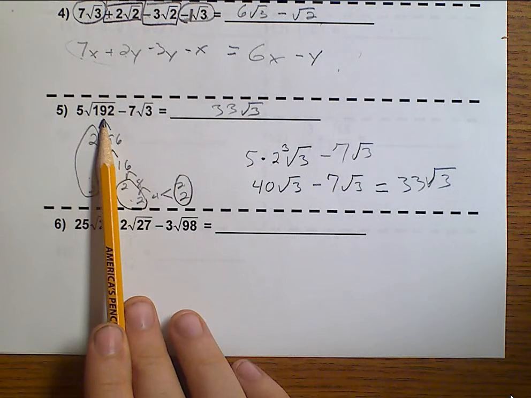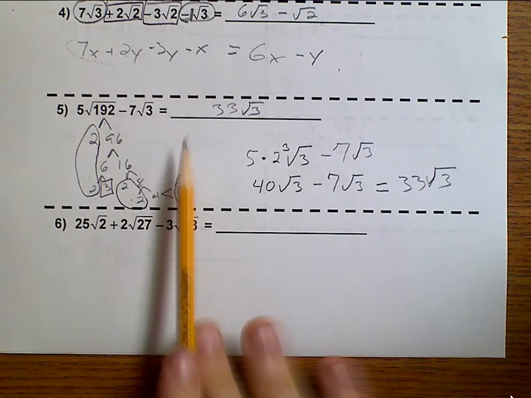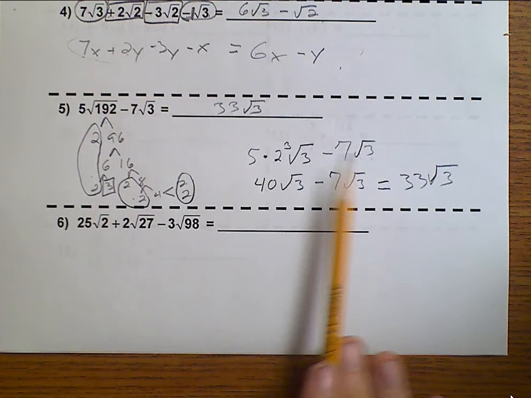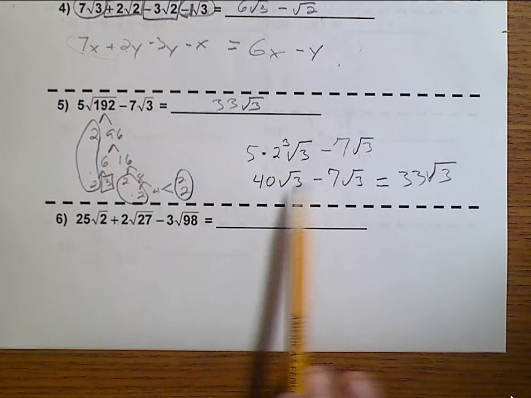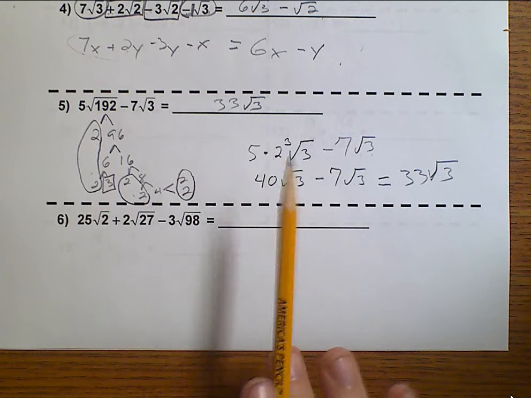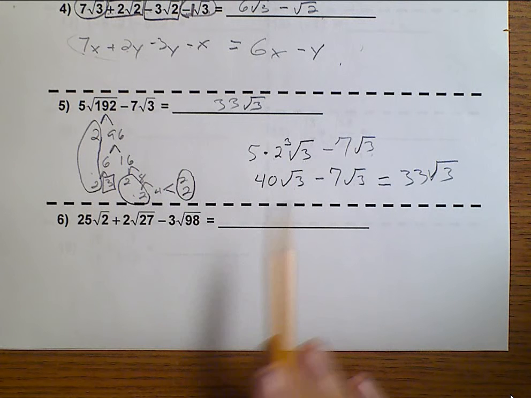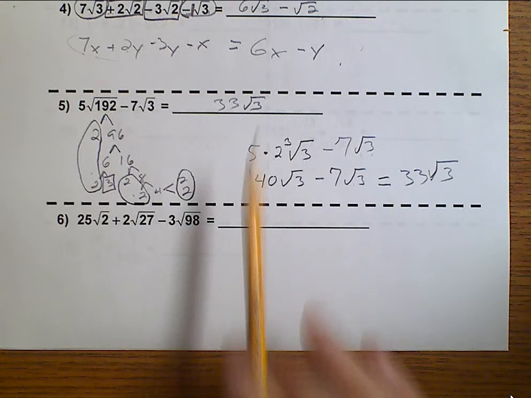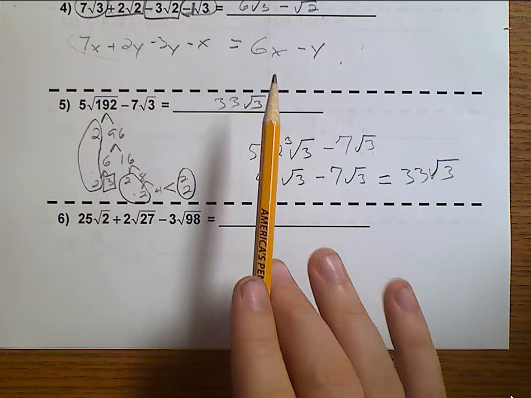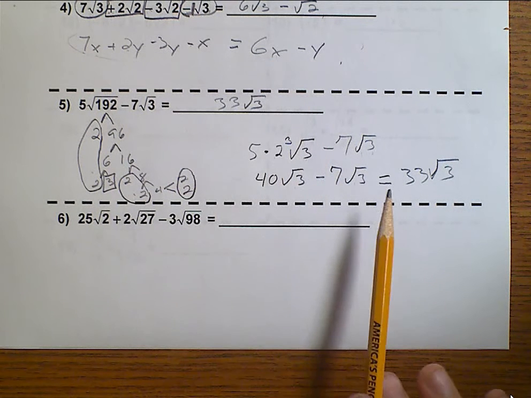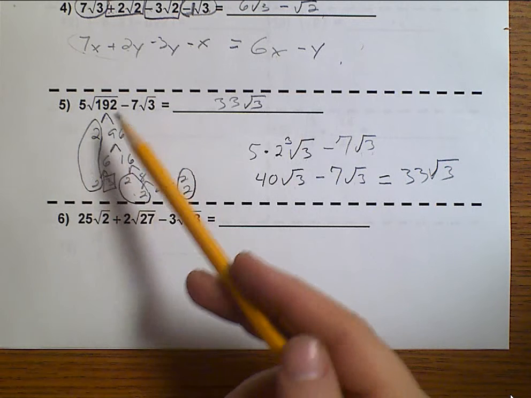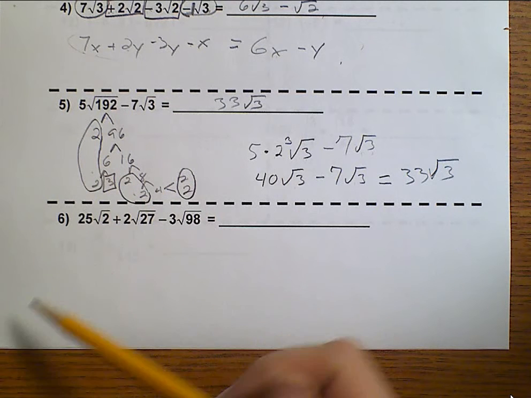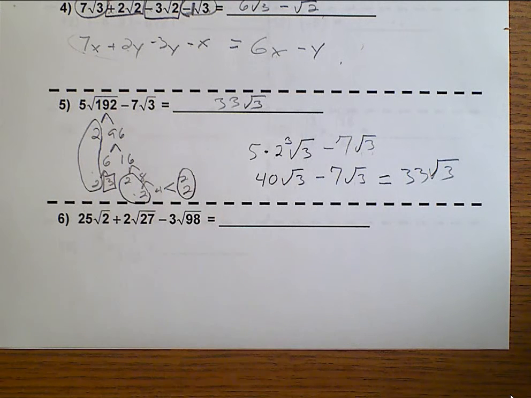By simplifying, we were able to get these radicals to match. Because the radicals matched, we could then combine the terms. So this is where we begin to deviate from the x-y analogy when we're talking about these. Because radicals, being that they're actual numbers, not just variables, we might be able to simplify them first.